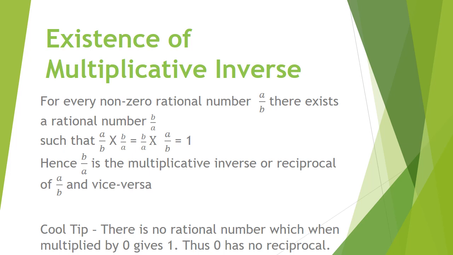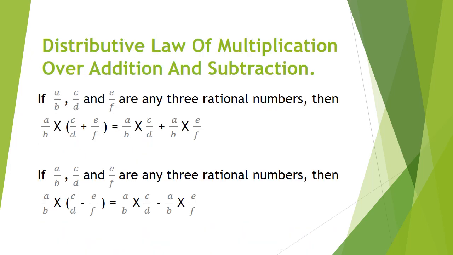That is, if we multiply any rational number by its reciprocal, then we always get the answer 1. Hence, b upon a is the multiplicative inverse or reciprocal of a upon b and vice versa. Next result is there is no rational number which when multiplied by 0 gives 1. Thus 0 has no reciprocal.